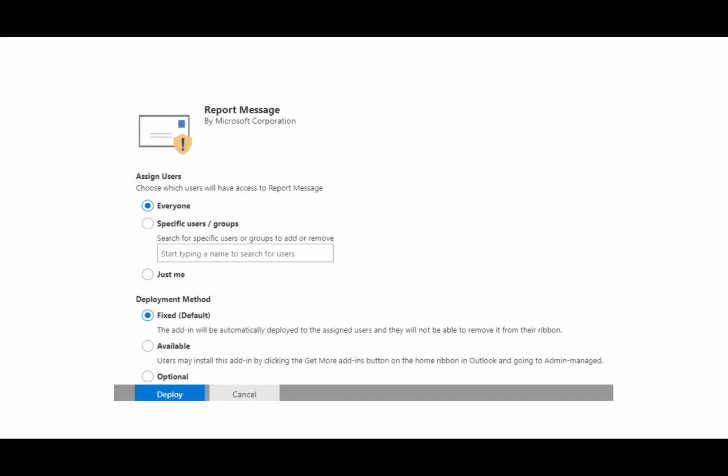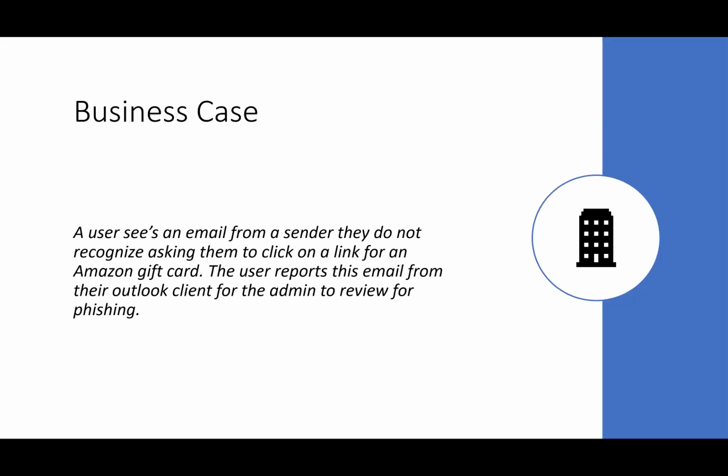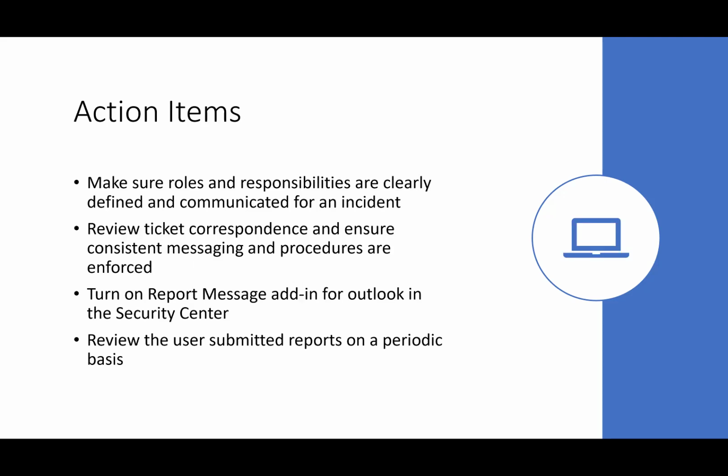In most cases, it's going to be fixed, where they don't have the option to add it or not, but you do have that ability to configure here. So with the business case, user sees an email sent from an email address they don't recognize, and it's telling them they want an Amazon gift card. So the user can self-report that from the Outlook client, and they don't have to leave, and then you have that. You can set alerts around that as well if you want to go investigate immediately.